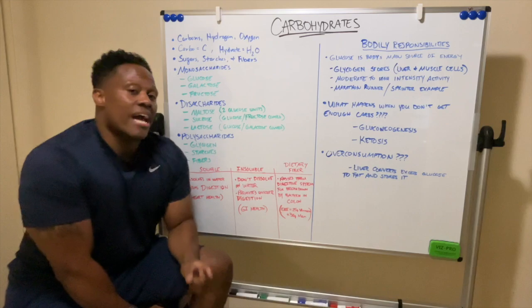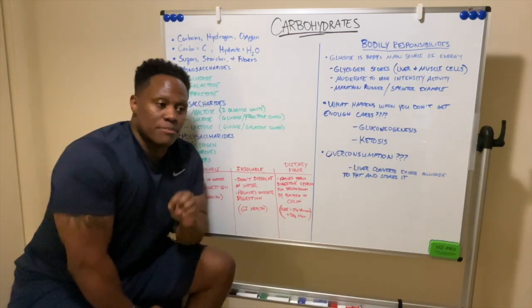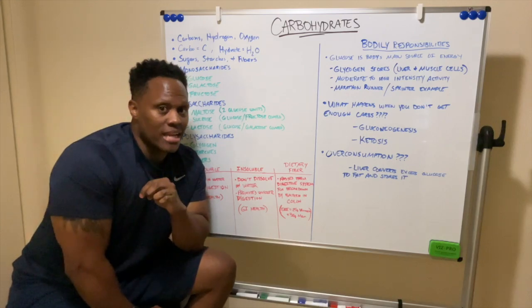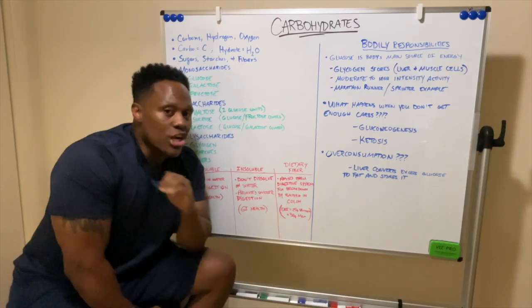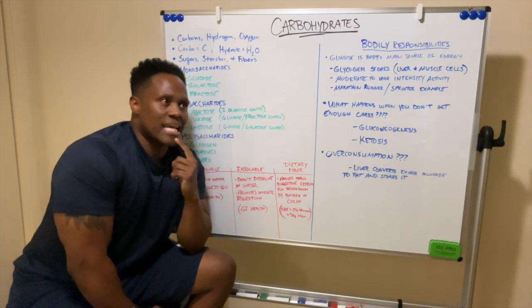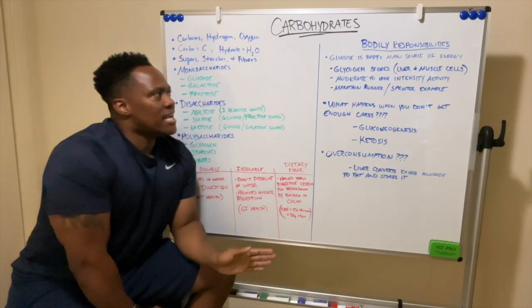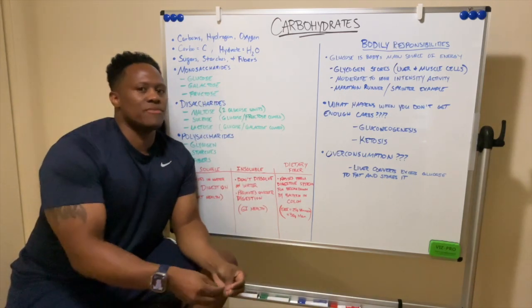Now, while the keto diet does work, you want to be careful that you're maintaining the premise that it's supposed to just be a low carb diet and not a no carb diet. If you don't get any carbs in at all, your body can enter a state of ketosis. And what that does is, because you're not getting any carbs in, your body is essentially utilizing fatty acids, right?